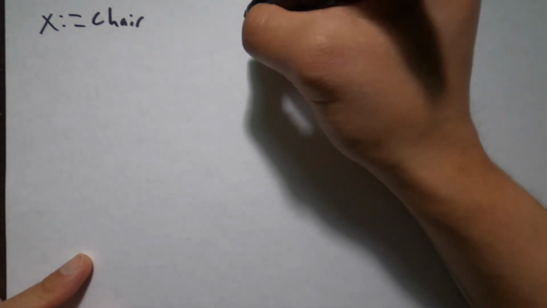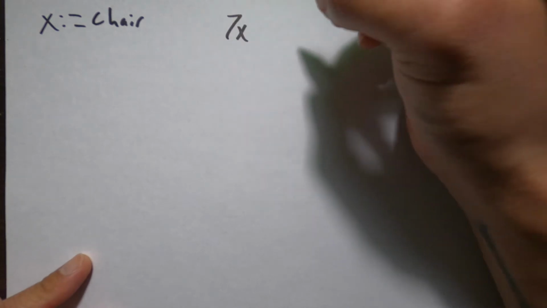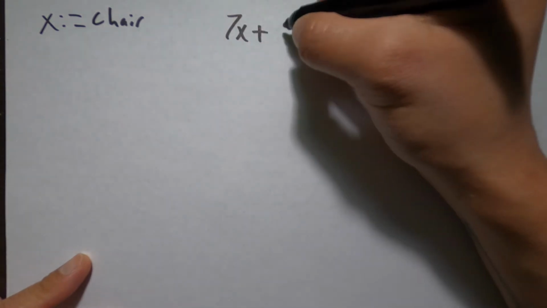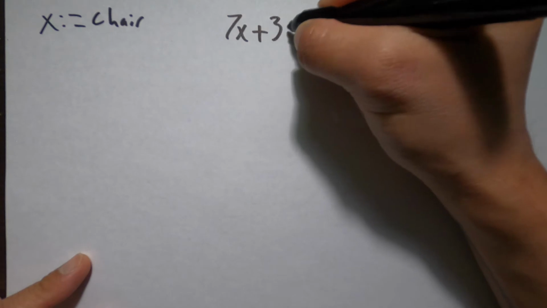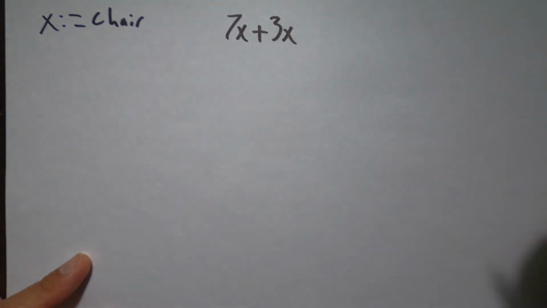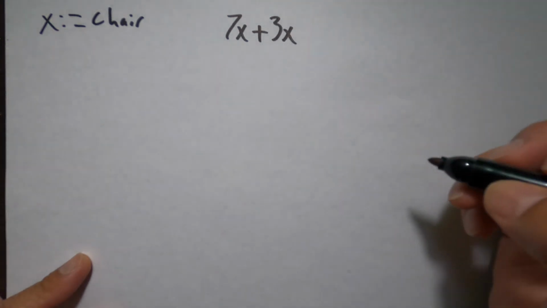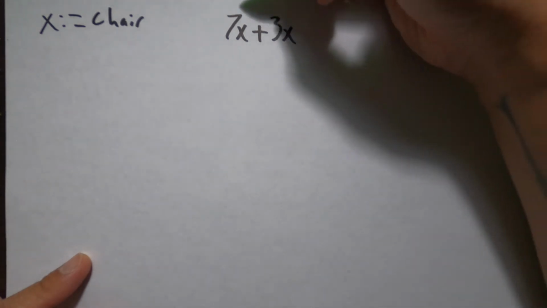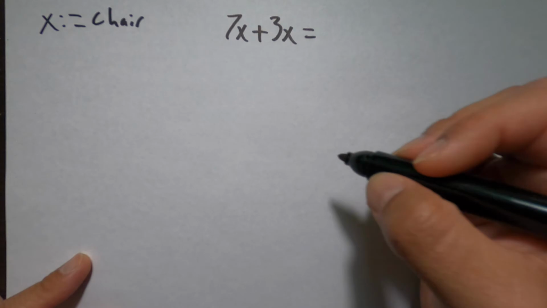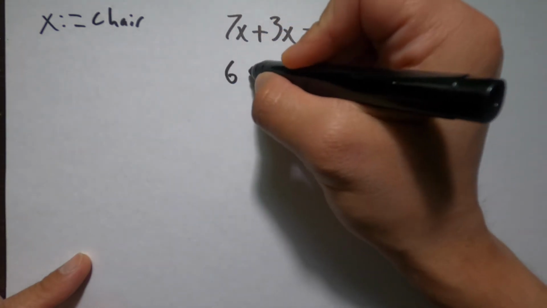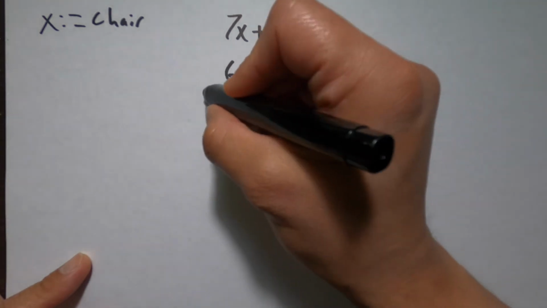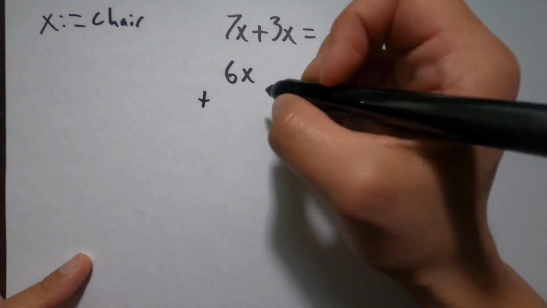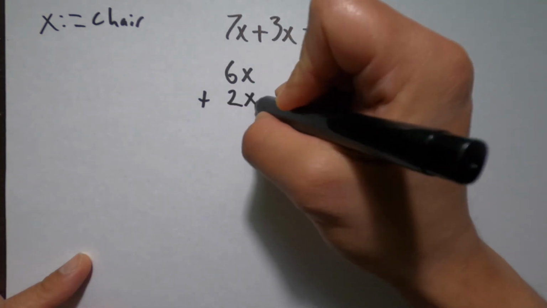So now what I want to do is write down 7 chairs plus, let's say, 3 chairs. And then also another way we can write numbers down in an order, let's say we have 6 chairs added to, let's say, 2 chairs.